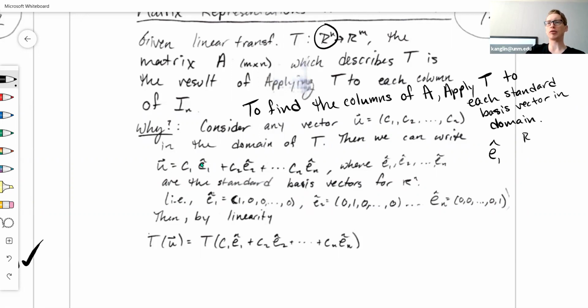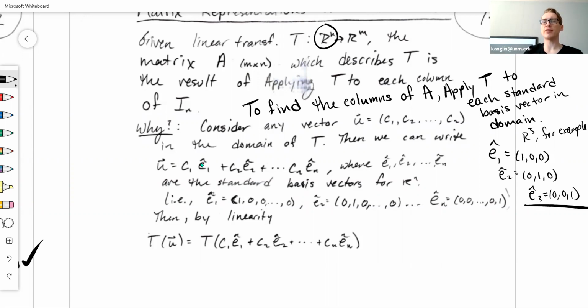If I'm in R3, for example, E1 is just the vector 1, 0, 0. E2 is the vector 0, 1, 0, and E3 is 0, 0, 1. That's the standard basis.